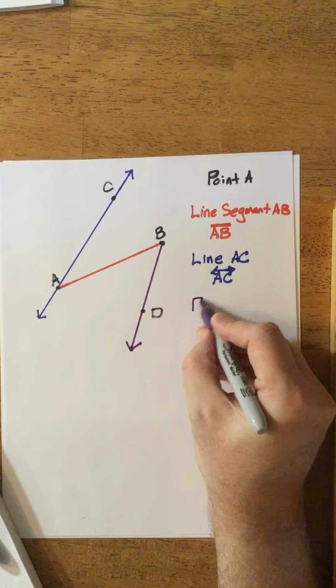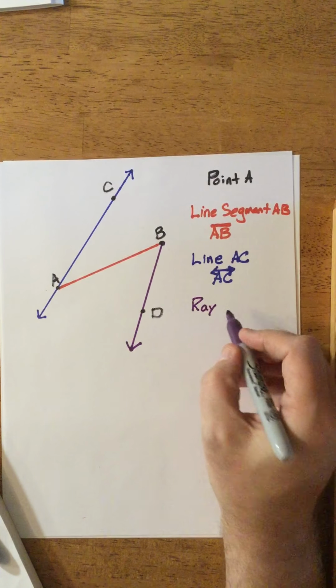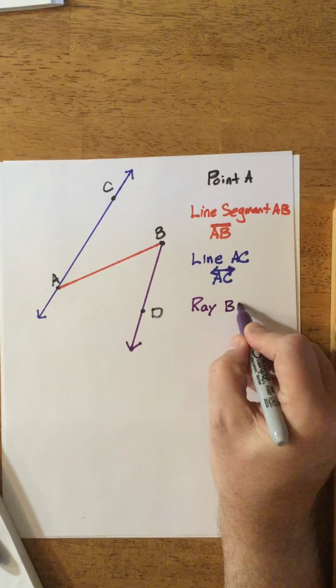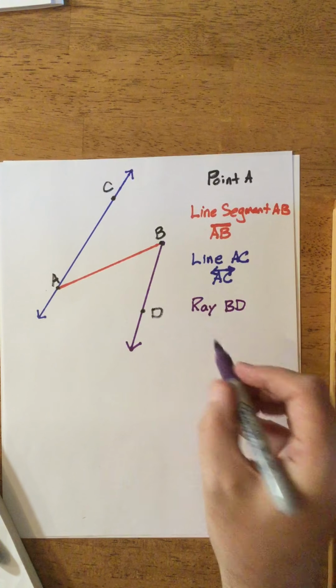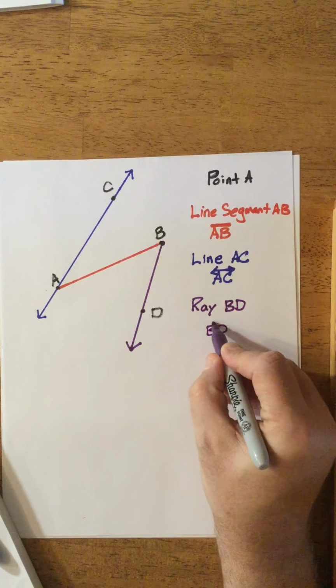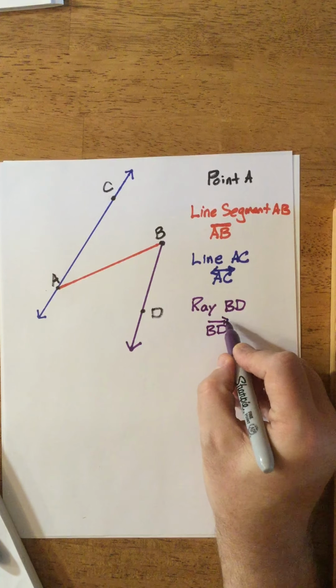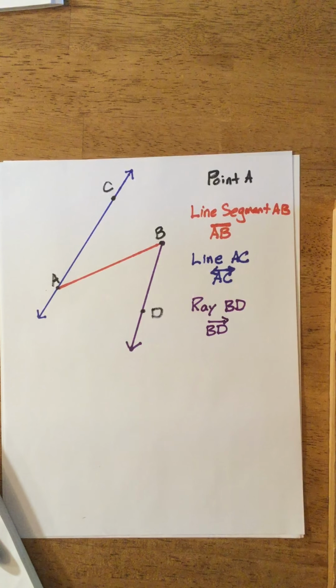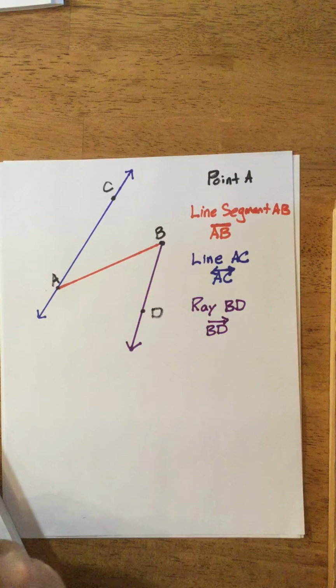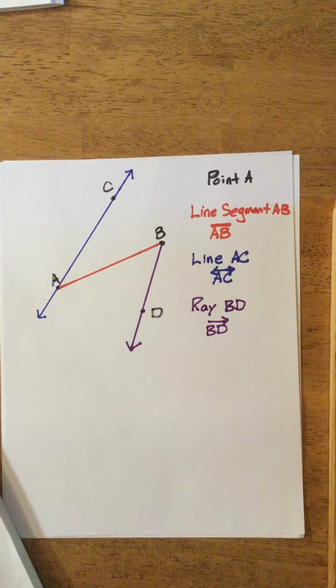And we would call this a ray. And this would be ray BD, or I could use the symbol BD and I would just draw an arrow with one direction on it. So I can write it different ways, and I want you to be able to see that.